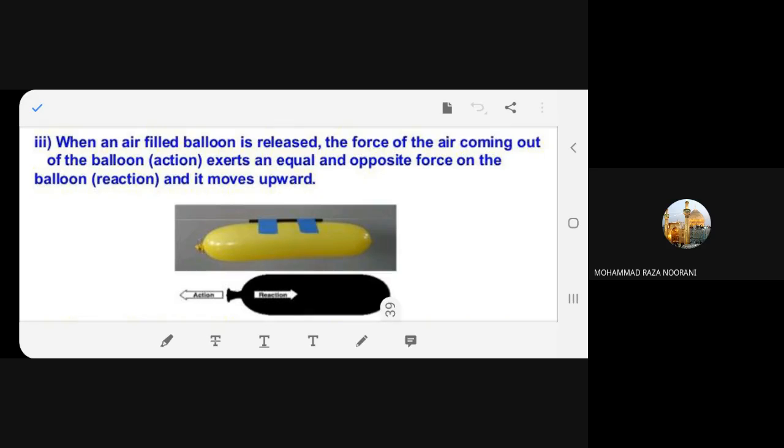This is an air-filled balloon, right? So what is happening?